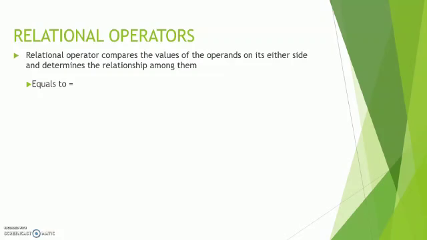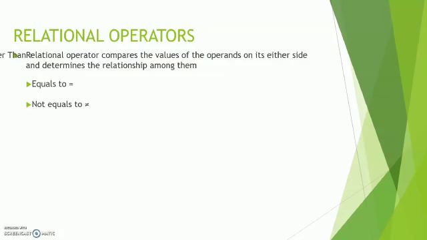For example, if we have 2 plus 3 is equal to, we calculate both the 2 and 3, and whatever the value is, we write it on the other side, after the equals to sign. So equals to is in the middle. On one side are the operands and on the other side we have the relationship, that is the result that we receive after performing the operation.